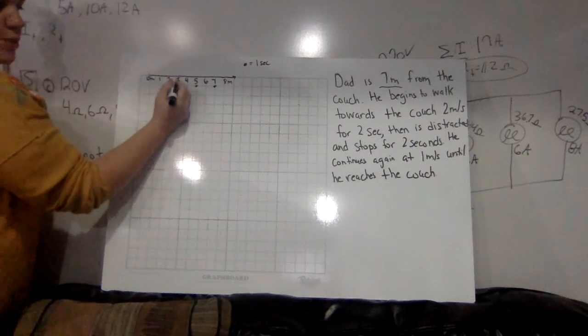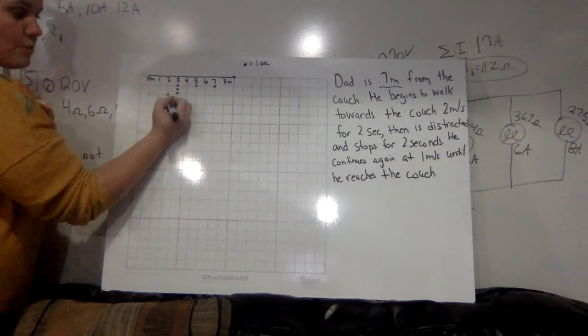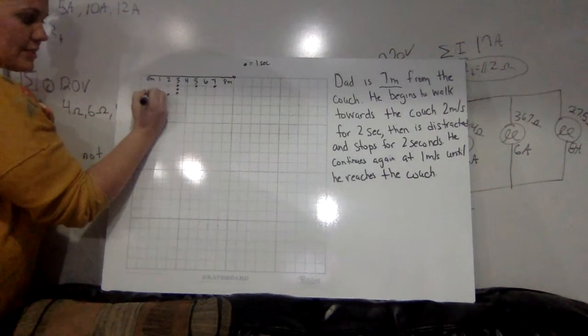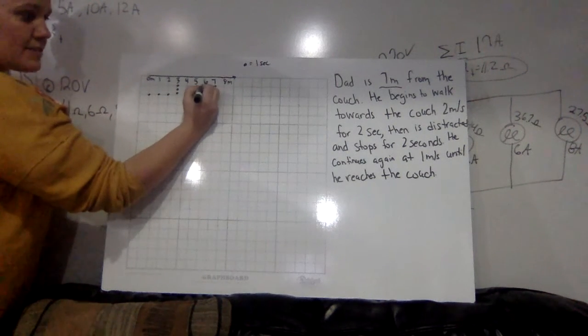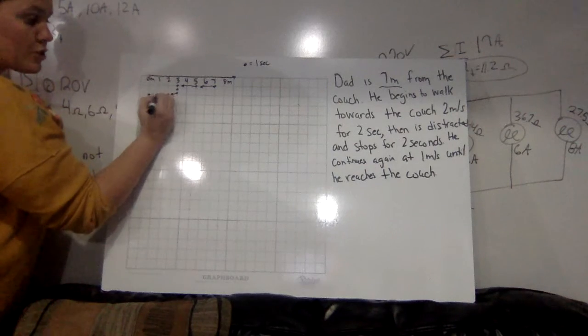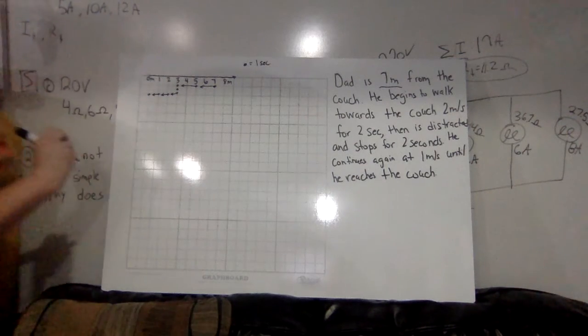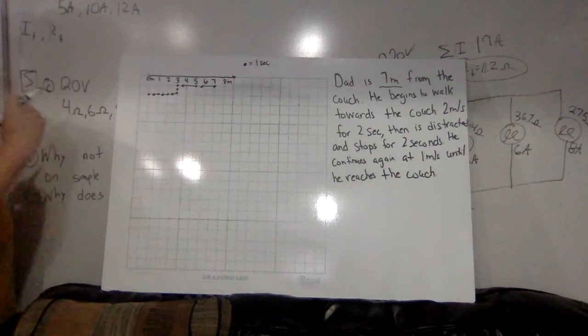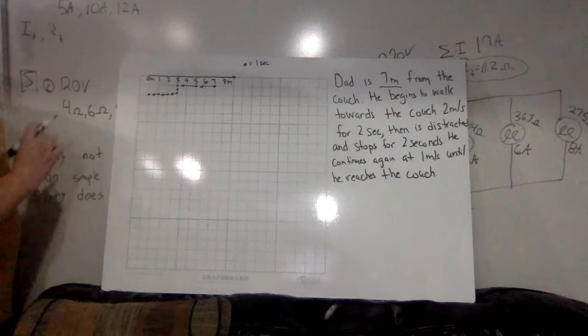So if we're at 3 meters at this point, his next one will be 2, 1, 0. And then we have to add our arrows because that lets us know that there is motion and the direction of the motion.